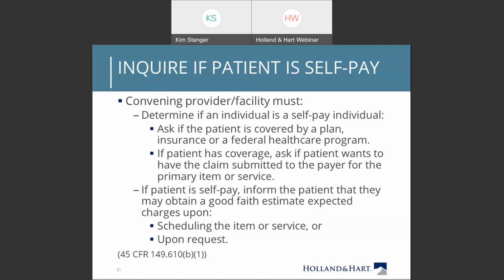If that patient is a self-pay patient, then that convening facility or provider has to inform the patient that they may obtain a good faith estimate of the expected charges. And they can obtain that estimate either when they schedule the item or service or when that patient, or a proposed patient, requests a copy of the good faith estimate.